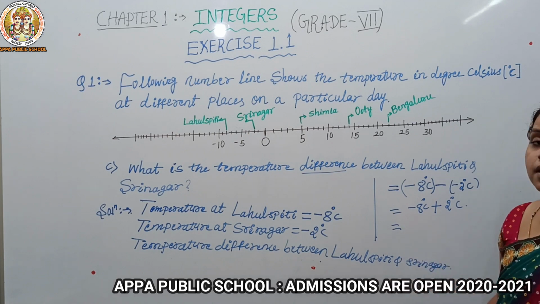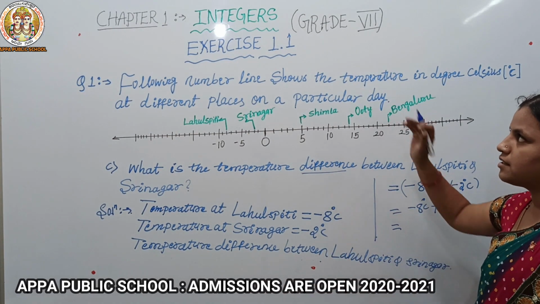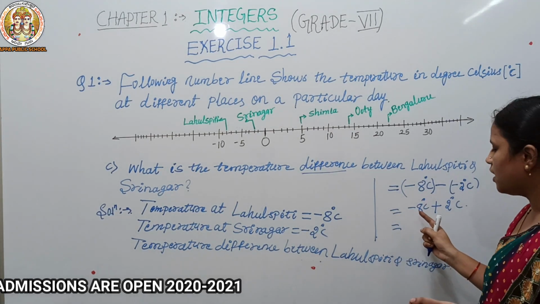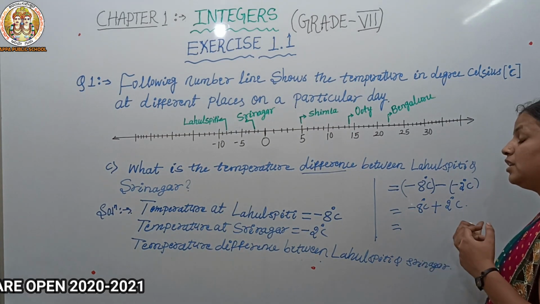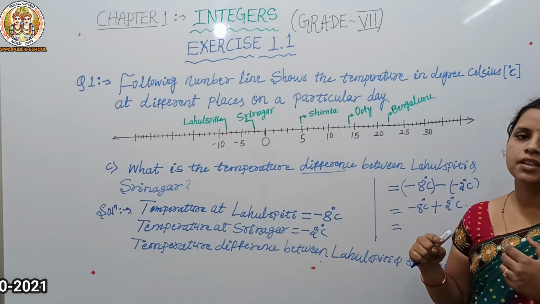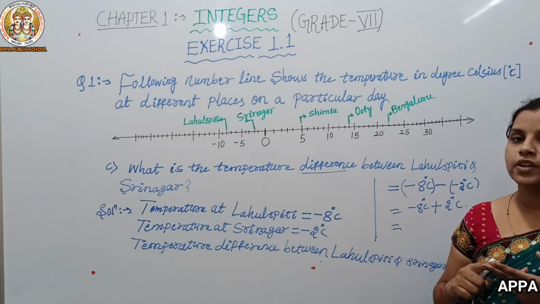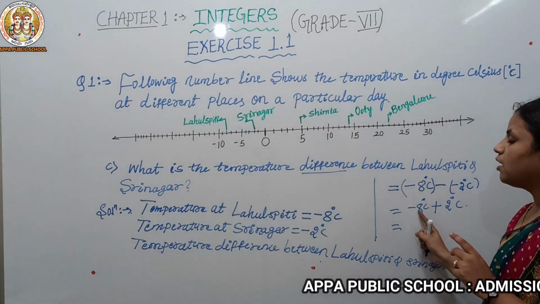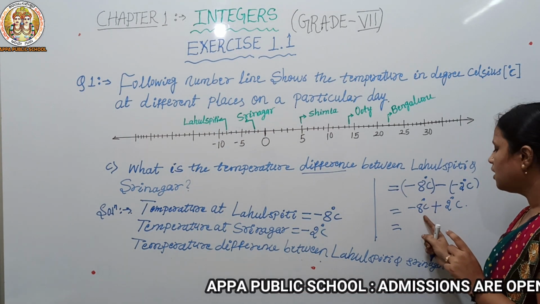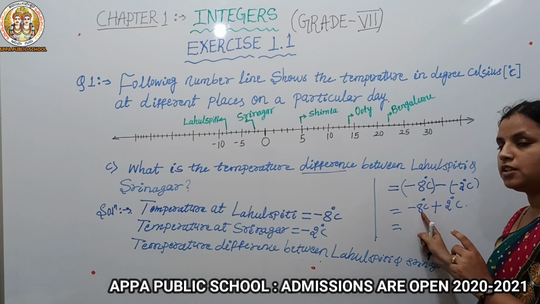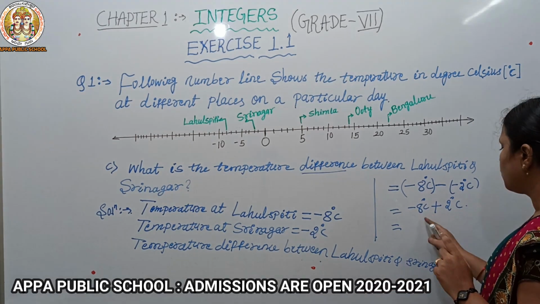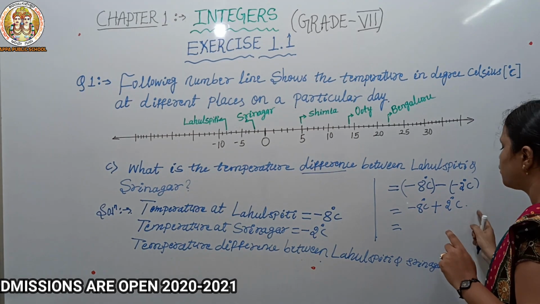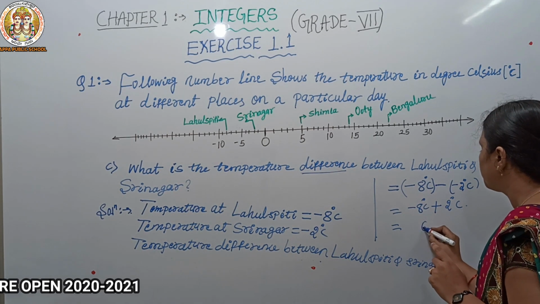Now you see, in yesterday's class I told you, whenever two integers, one is a positive integer and one is a negative integer, at that time we should take the difference of those two and write the sign of the bigger number. Here the bigger number is 8. It is with the minus sign. So as usual, here we will do the subtraction. That is 8 minus 2, which is 6.